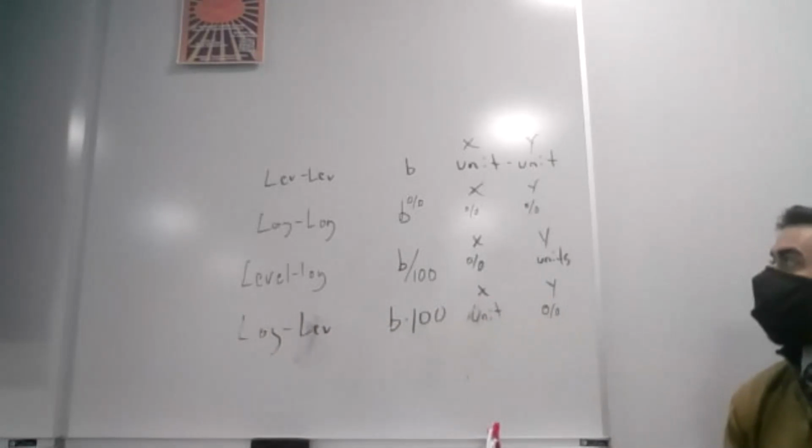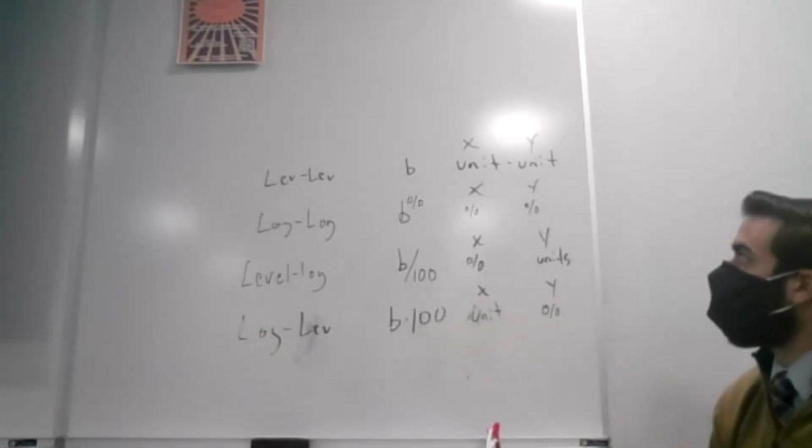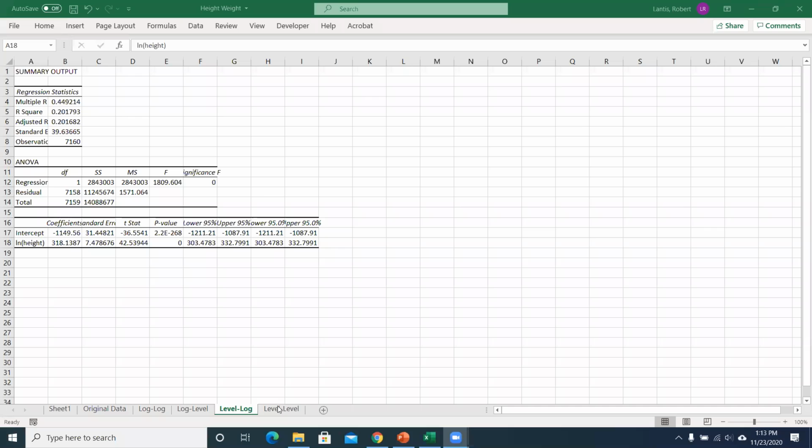So that might help keep it somewhat organized in our mind when we're looking at that. The last one that we look at is this log-level model. Now I just have the level of my X variable, so a 1 unit change in height. If someone's 1 inch taller, I would predict that their weight changes by whatever this coefficient is times 100.